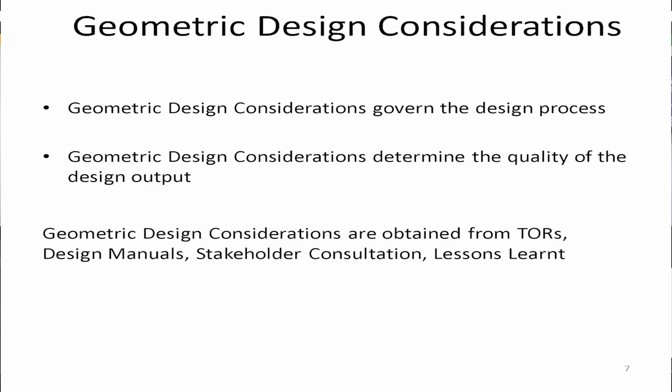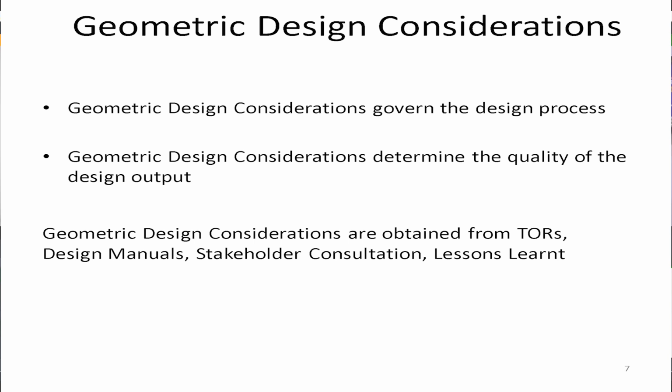Now, what are geometric design considerations? Geometric design considerations govern the design process, as described earlier. Geometric design considerations determine the quality of the design output. They are factors that are considered in order to improve the quality of the design output.